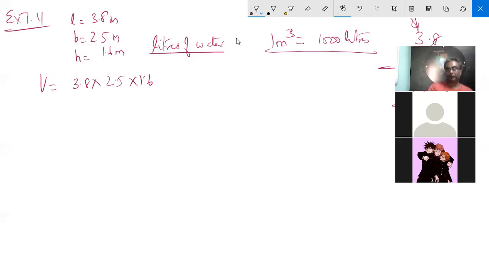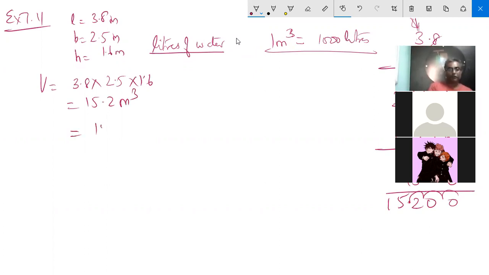So this is 9.50, that is 9.5. 9.5 into 1.6 again. 6 zeros are 0, 5 6s are 30, 9 6s are 54, plus 3 is 57. Then 7 plus 5 is 12, 9 plus 1 is 10, plus 5 is 15. So 1 decimal place you have to put. So volume is equal to 15.2 meter cubed.